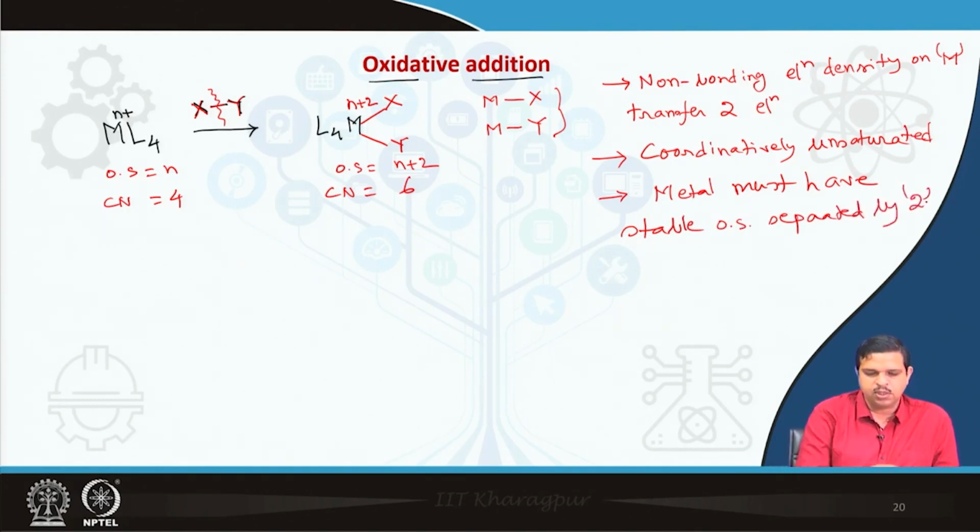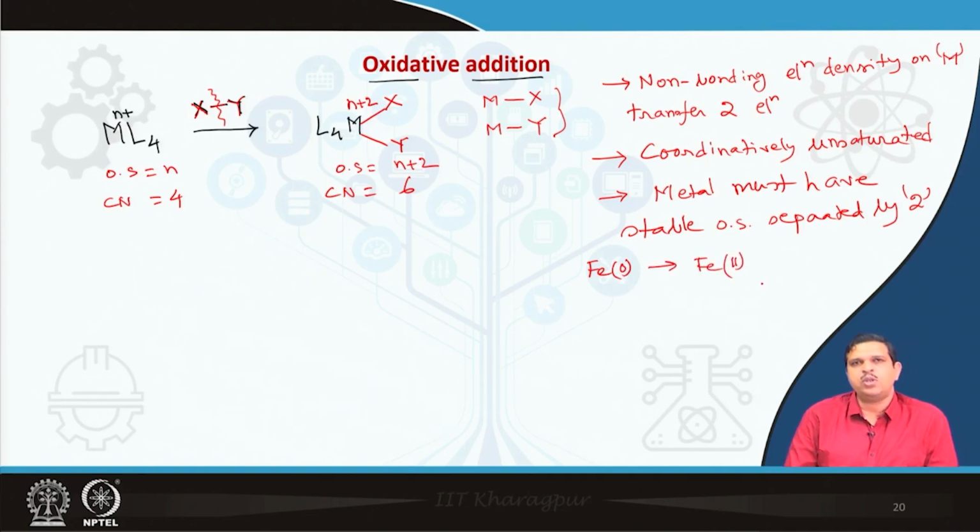And here you see oxidation state n plus 2. So, for mononuclear complexes there should be 2 oxidation states which are stable. As an example, iron 0 can undergo the oxidative addition because it can form the stable oxidation state plus 2. We know that iron 2 is quite stable.